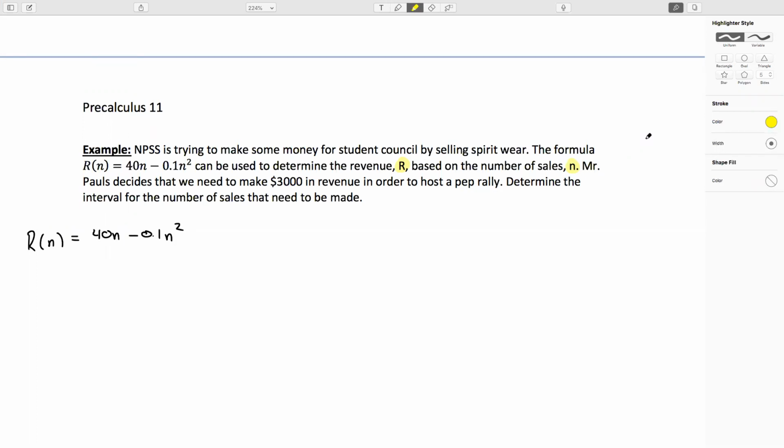And maybe if we go past that, then maybe more expenses become a factor. We also know that we need to make at least $3,000 in revenue, okay? So what I know is that $3,000 is less than or equal to 40n minus 0.1n squared. And that's because we need to make at least 3,000. This function needs to be greater than or equal to $3,000.